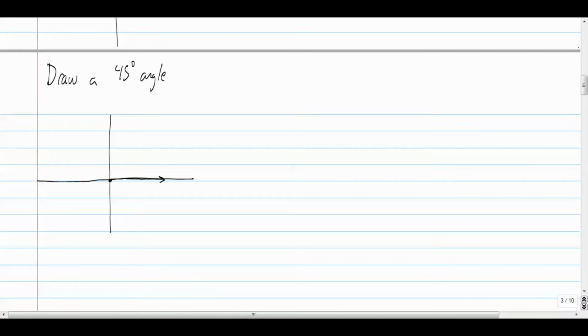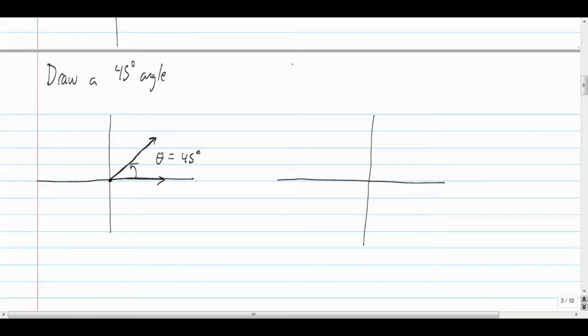And since we know that a 90 degree angle measure is 1/4 of a revolution, a 45 degree angle measure would be 1/8 of a revolution, or just half. So if I draw a ray that's halfway between the positive x and positive y axis, like that, then that would be an angle measure of positive 45 degrees.